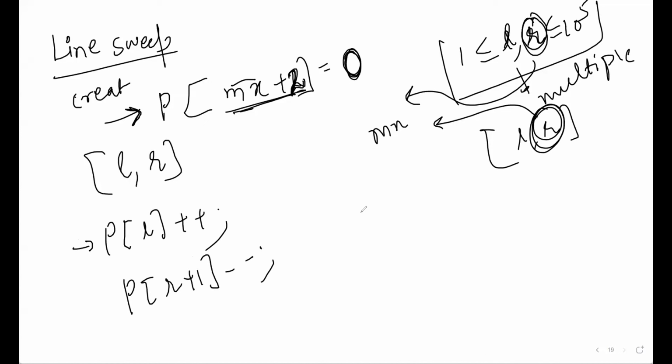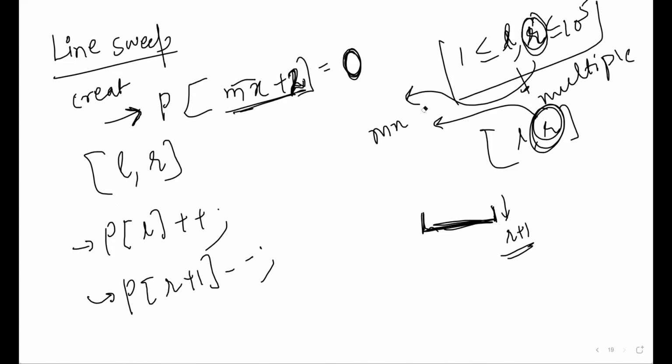So at any point, I'll see how many ranges are overlapping at this point. You got my point? And this is R plus 1. Why? Because from L to R inclusive, I'm covering all the points, so the range will end at point R plus 1.